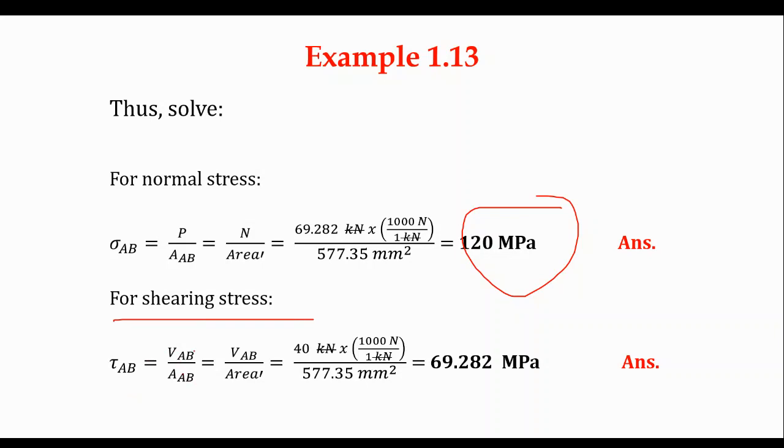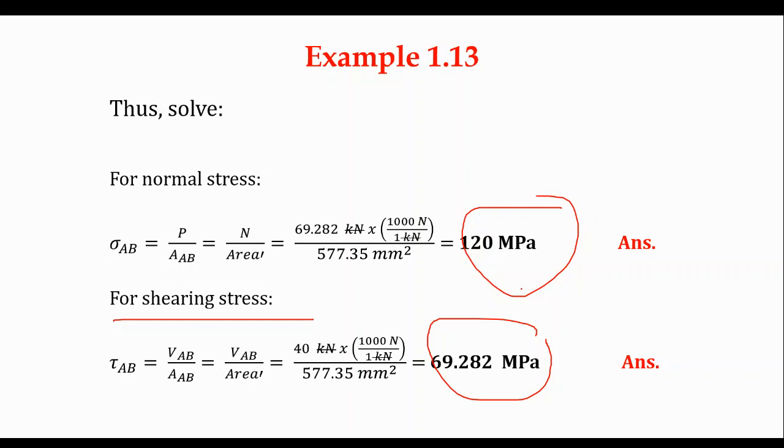So, ang shearing force AB is katong na-compute kaganina na 40 divided by area AB, which is area prime, equal to 577.35. Alright, so substituting pack, you have your shearing stress na 69.282 megapascal.